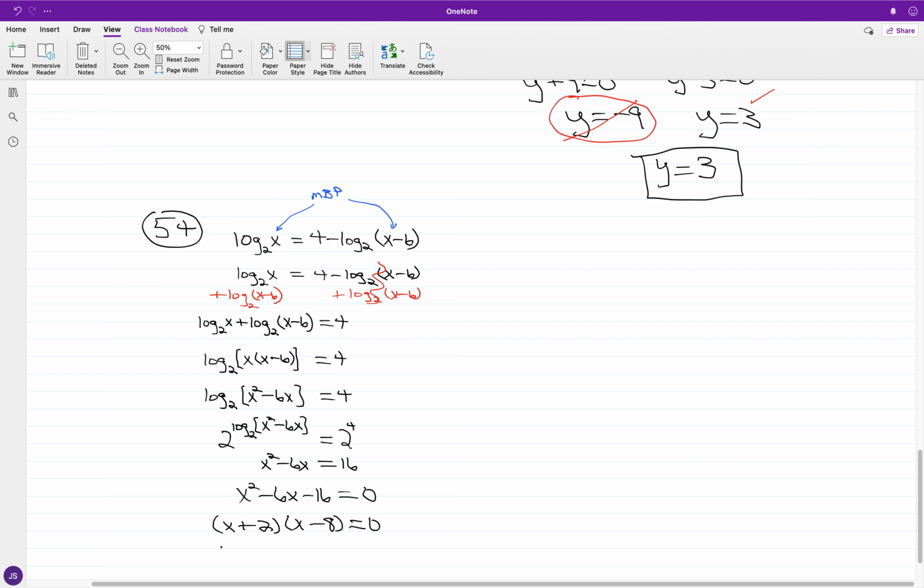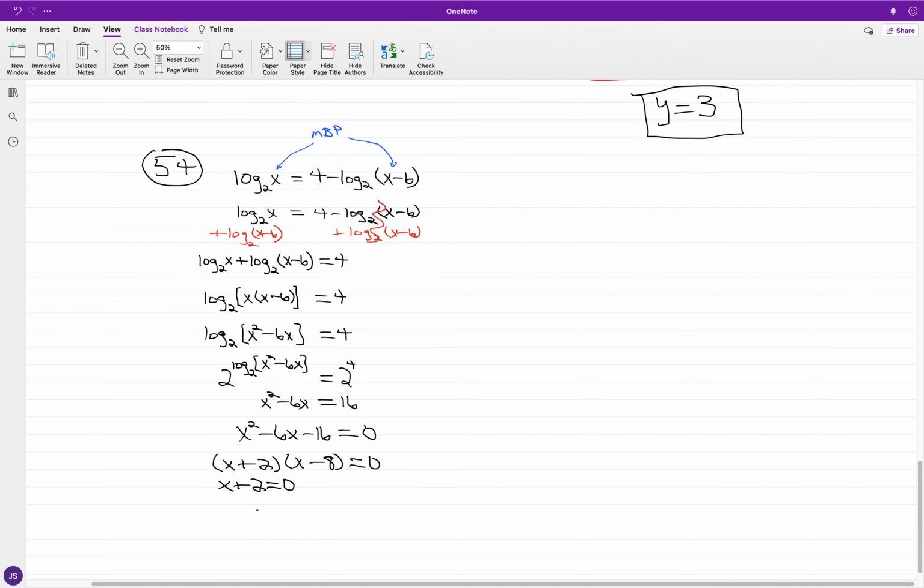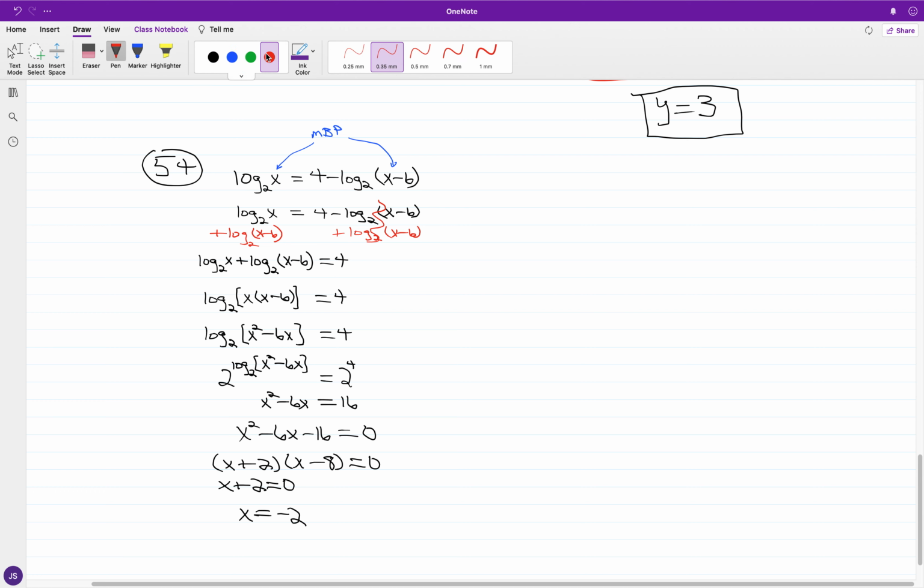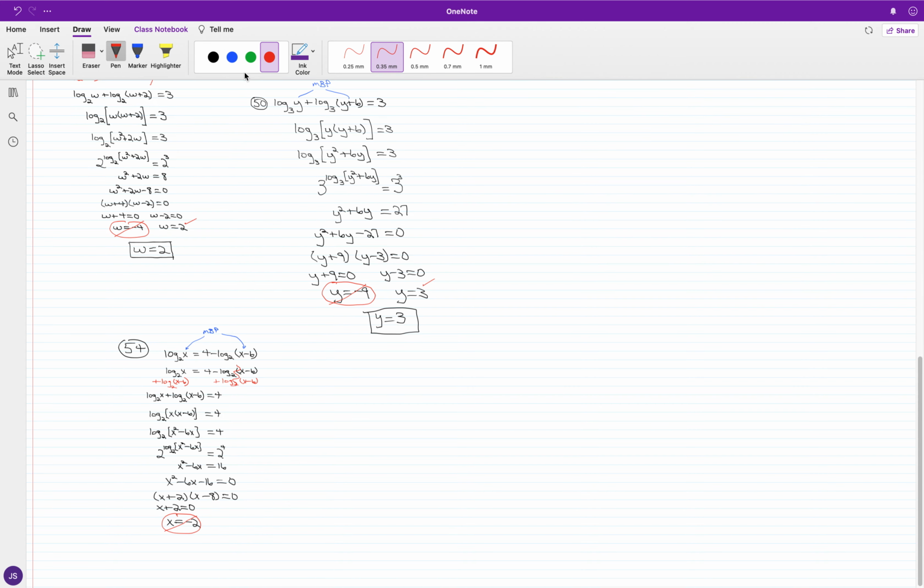And just looking at what we have here, once again, applying the zero product property, if I set x plus 2 equal to 0, we're going to have x is equal to negative 2, but guess what? x and x minus 6 must be positive, and negative 2, that value strikes out.